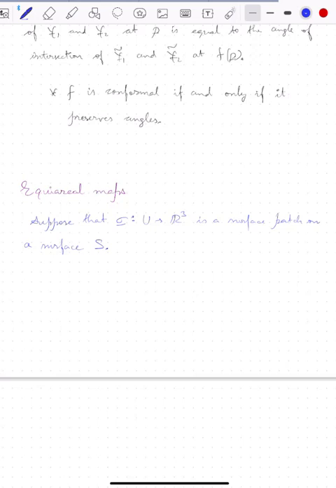Then the image of sigma is covered by two families of parameter curves, and these are obtained by setting u equal to a constant and v equal to a constant respectively.